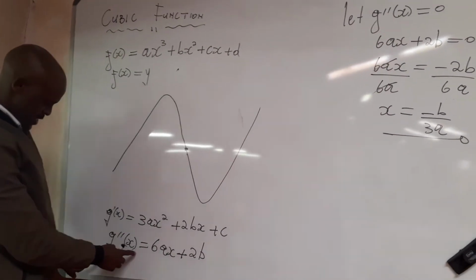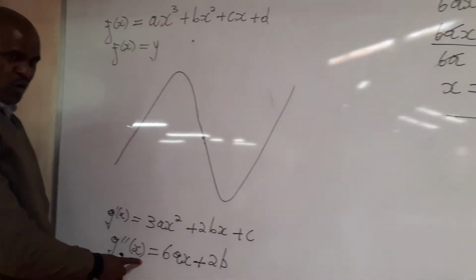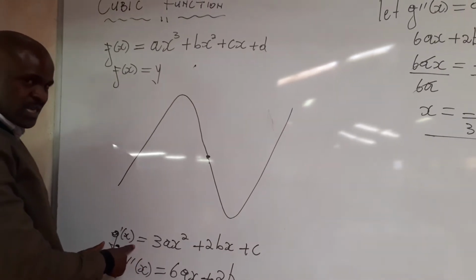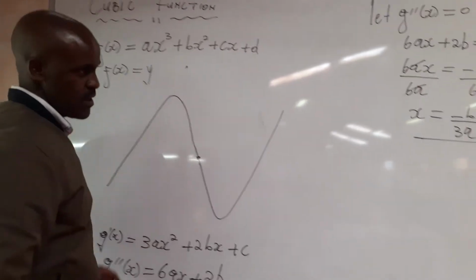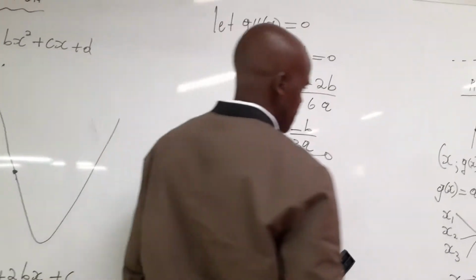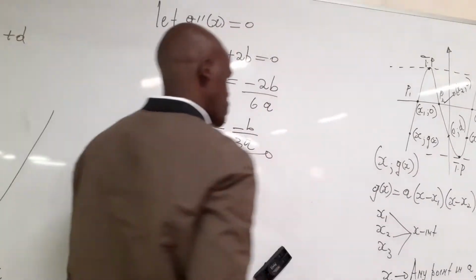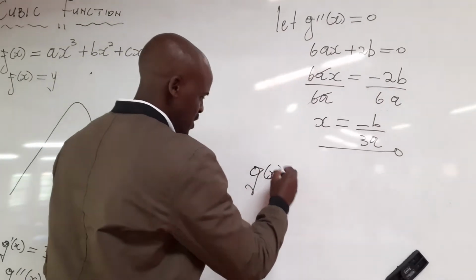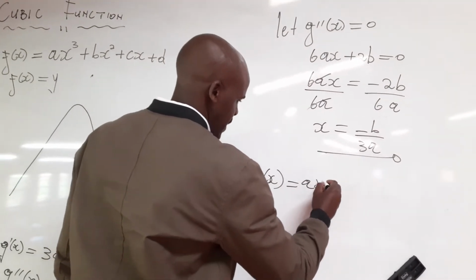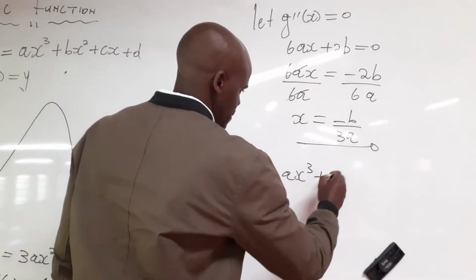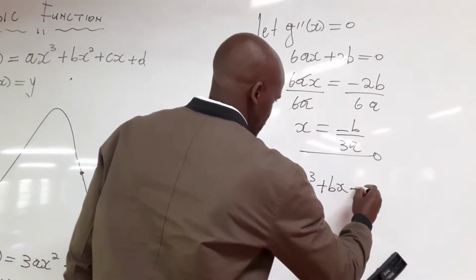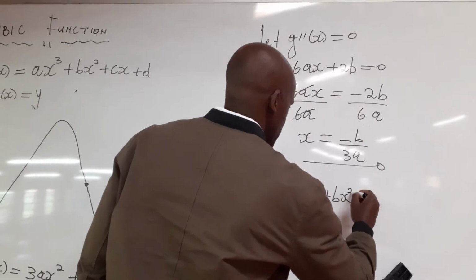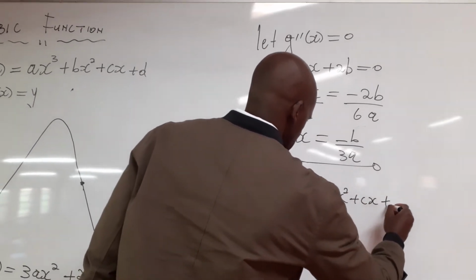This is our second derivative. The second derivative is not y. The first derivative is a gradient. So for us to find the value of y, we go back to the original function, ax cubed plus bx squared plus cx plus d.